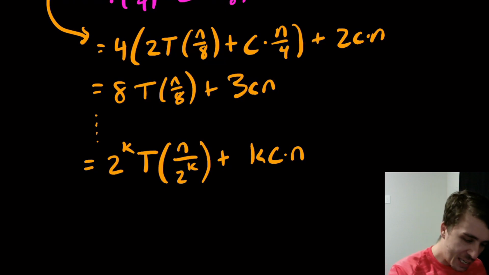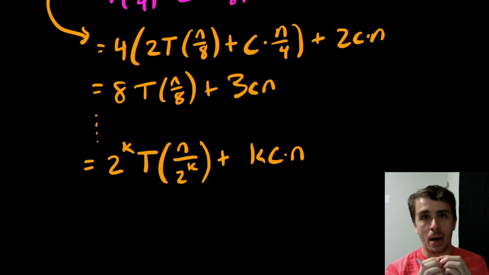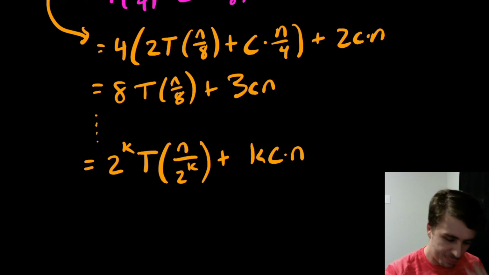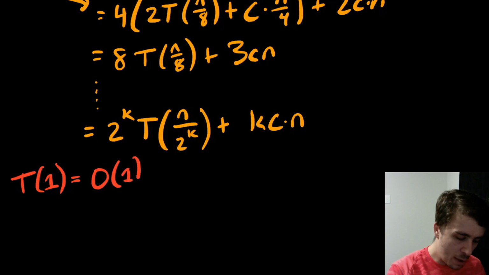So let's say that if we think about it for a second, at the very bottom, when we have the list of size 1, we didn't have to do anything. So that was just, say, 1 step, or just some constant amount of work. So then we can say that t of 1 is big O of 1.